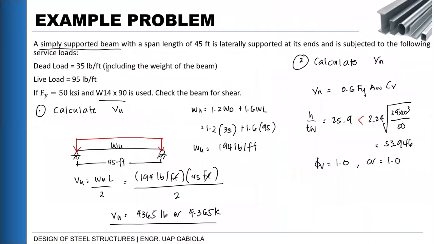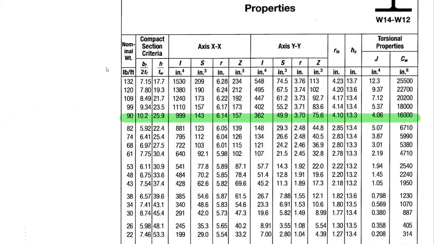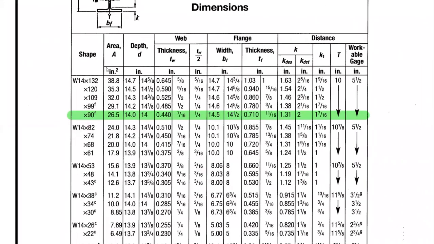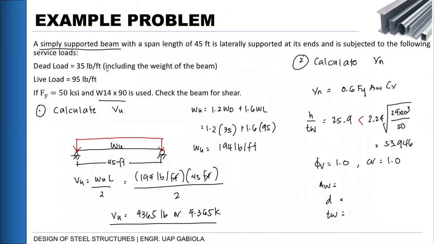Okay? So, now that you have that, ang kasunod natin is yung Aw. We need the value of the depth and value ng thickness ng web natin. Okay? Going to our W shape section. So, dito tayo. So, ang depth natin is 14 inches and thickness ng web is 0.440 inch.